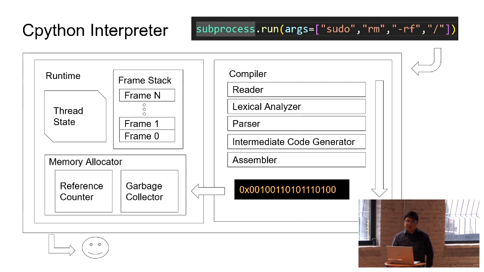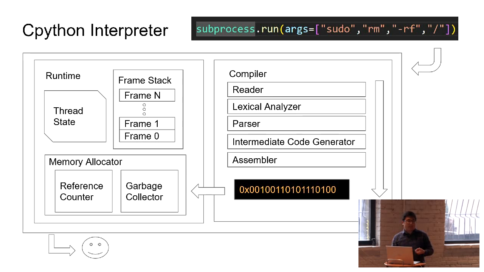So just going over a quick overview of the compiler, you have a reader that reads the arguments, reads how you run Python, and the lexical analyzer that basically splits it into parts. So kind of like I already did with the args for the bash commands, it also does the same for Python.